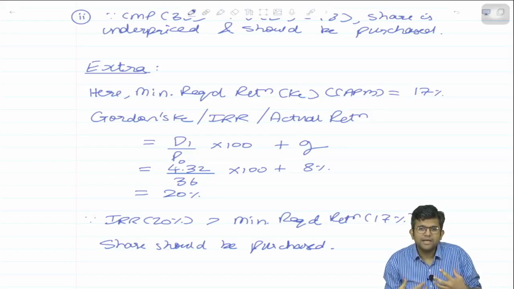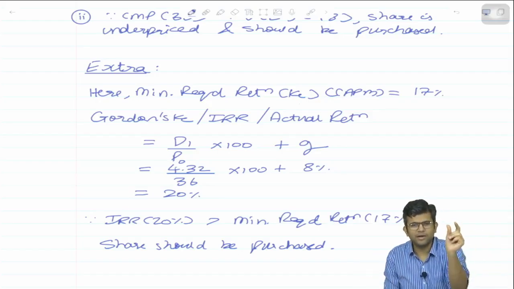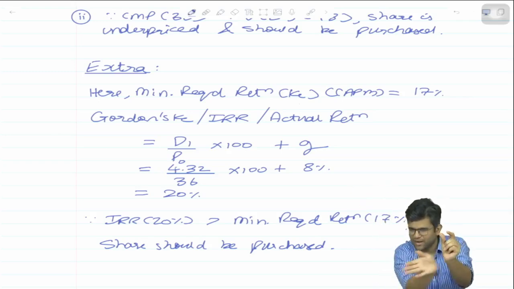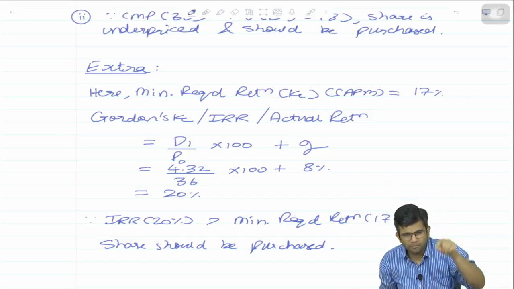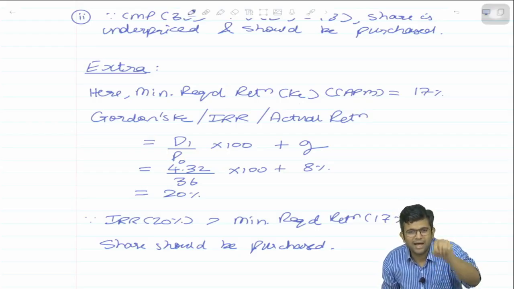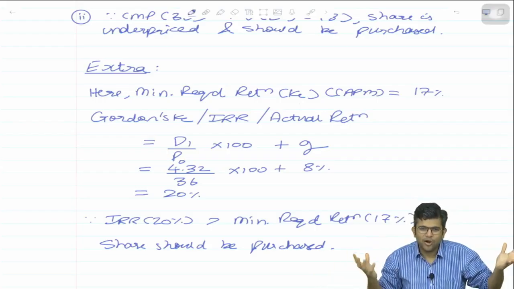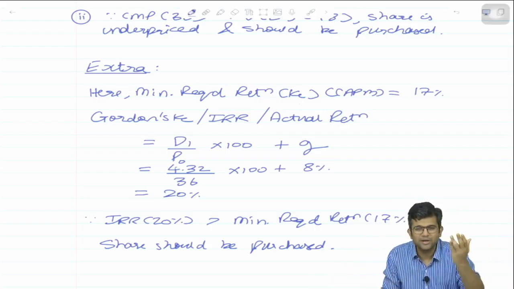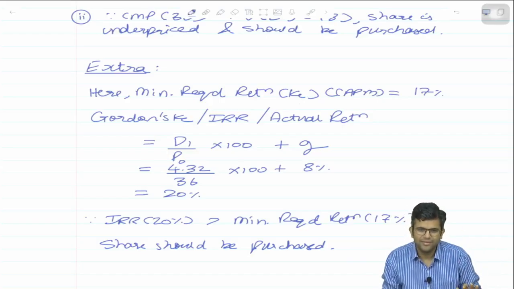This language in Inter CA is so wrong, because in Inter we are made to believe that there is something called KE, and you can calculate it either by Gordon or by CAPM. But now see, I have done it by Gordon also and by CAPM also, and I hope you realize both are conceptually different. Gordon is your actual return, CAPM is your required return. Unfortunately in Inter, both are called KE. Everyone clear? Both are called KE.